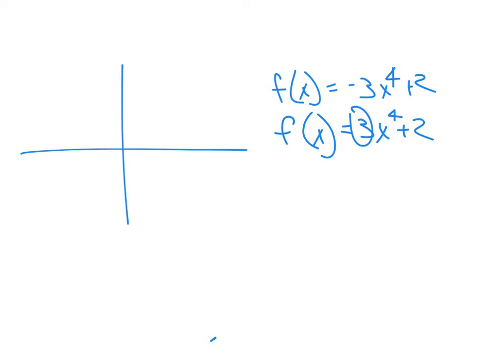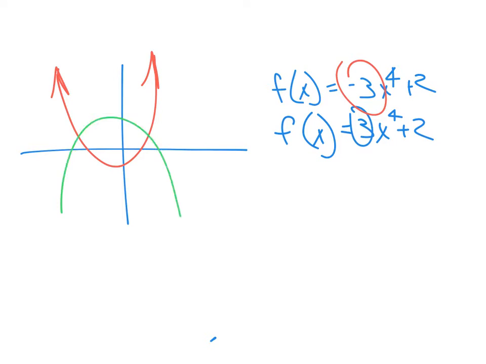If this leading coefficient is positive, then our function is going to give us two endpoints that go up. If this is negative, it's going to give us two endpoints that go down.